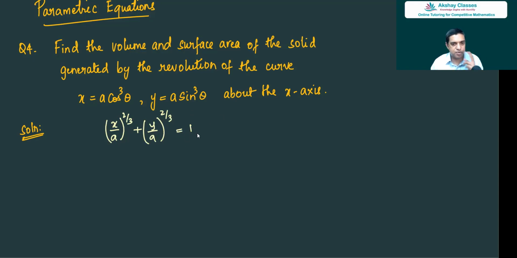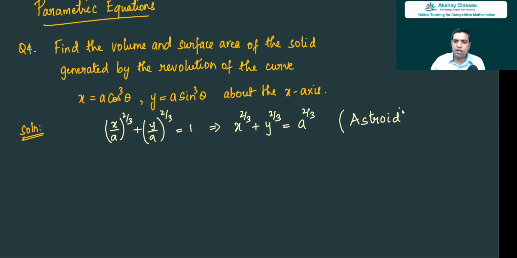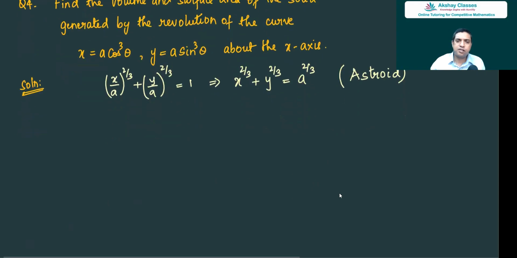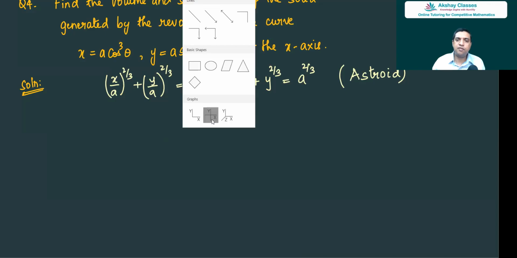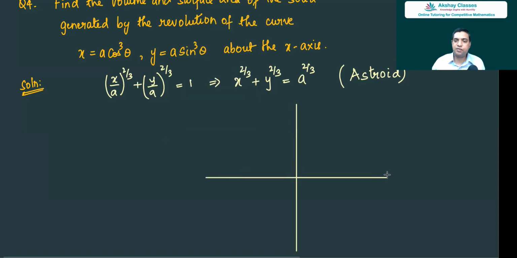Cos square theta plus sine square theta equal to 1. This gives x to the power 2 by 3 plus y to the power 2 by 3 is a raised to the power 2 by 3. So we remember what this curve is. This is an asteroid. Even if it is difficult to remember this curve, I'm drawing accurately, but you can draw roughly. Some basic aspects of the curve should be right.